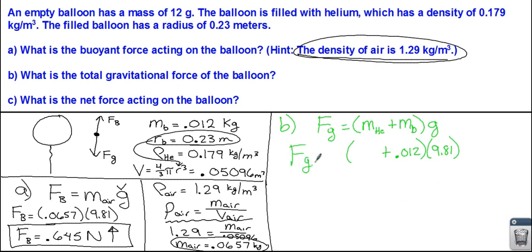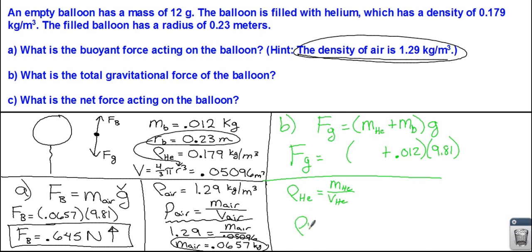What we are missing is the mass of helium. Once again, we can use density to relate mass and volume. The density of helium is equal to the mass of the helium divided by the volume of the helium.